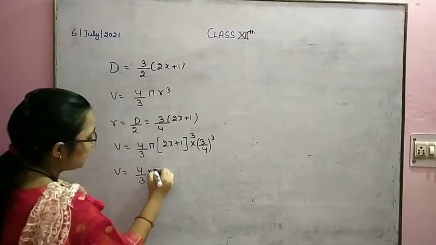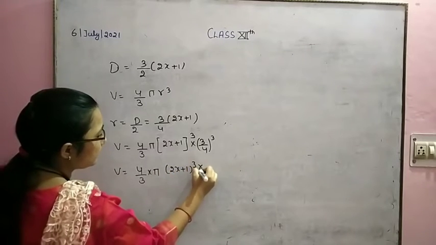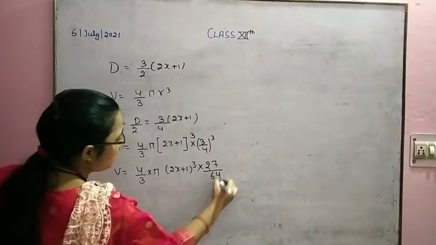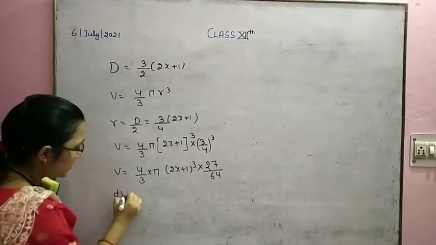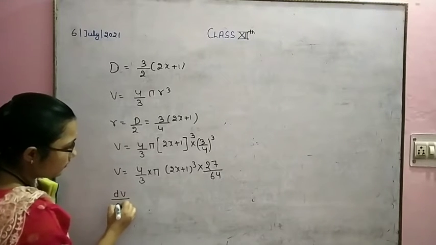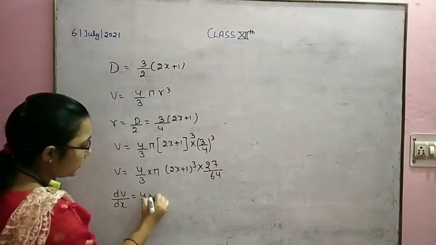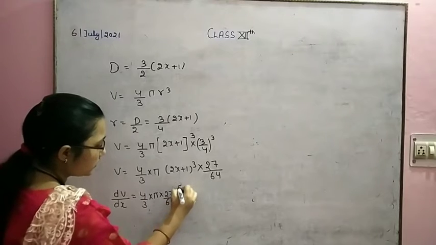Now just solve it. 4 by 3 pi (2x plus 1) whole cube, 27 by 64. Now differentiate it with respect to x. We get 4 by 3 pi and 27 by 64 is a constant.